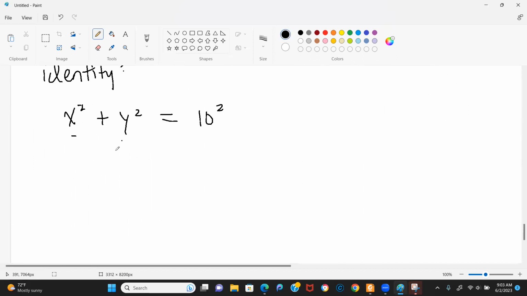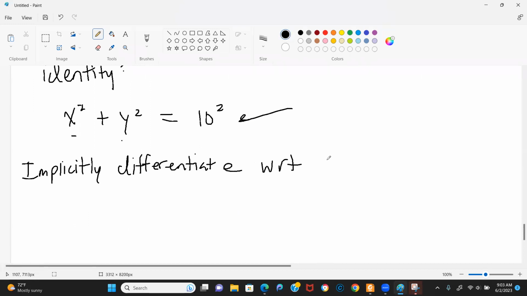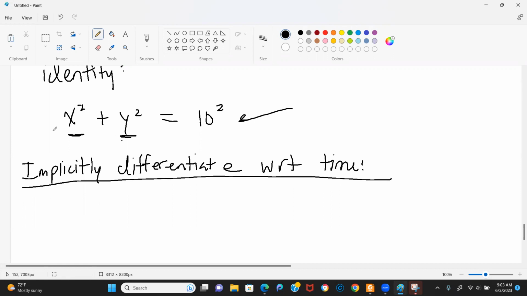All right, so x and y are related by this equation, so we can just implicitly differentiate with respect to time. We have x squared and y squared, and x and y are functions of time, so we have to use the chain rule.